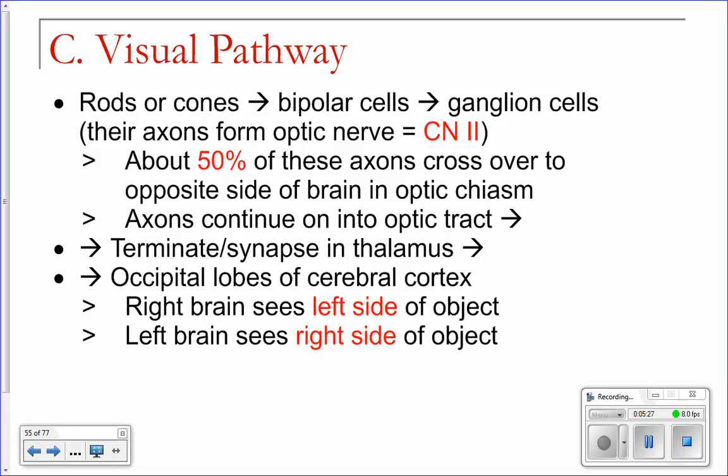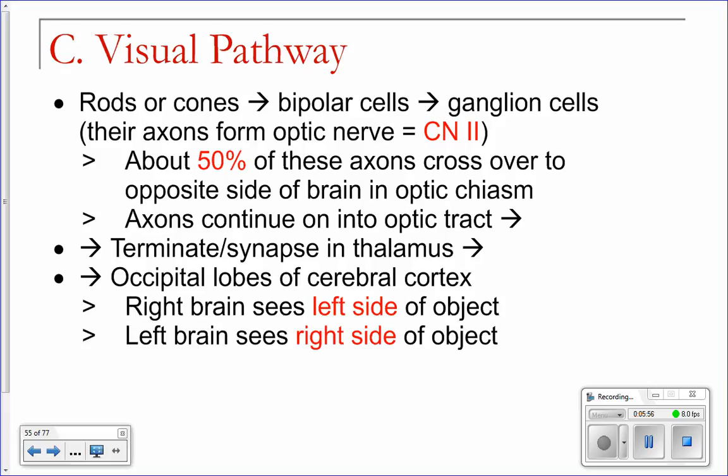So when that goes back to your brain, into your occipital lobe, the left occipital lobe is going to be receiving information from both your right and left eyes, and your right occipital lobe is going to be receiving information from both your right and left eyes. So both parts of your brain get signal from both eyeballs. And that's one of the ways that you can actually get depth perception, right?